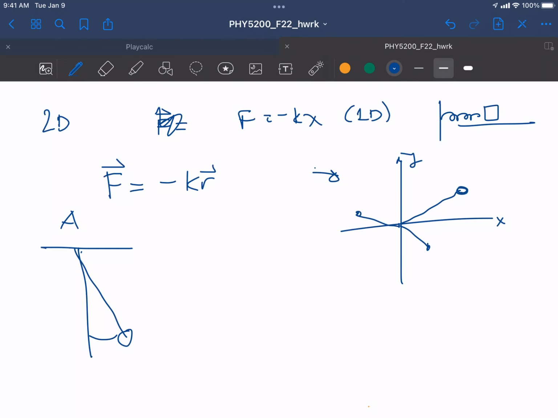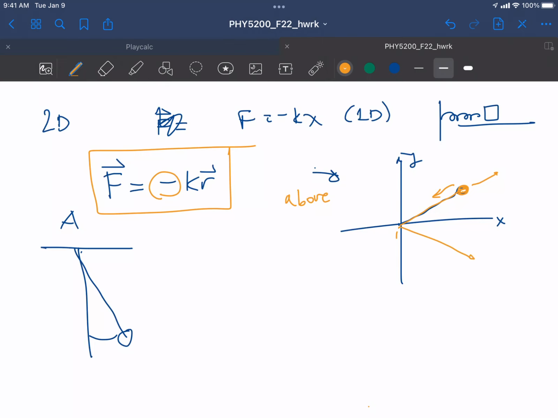Well, what happens if I do that? Let us pull it away in this direction. I'm looking again, this view is from above. Now, if the force looks like this, with this minus sign, that means that the force is going to be pointing back towards the origin. If I've displaced it in this direction, the force is going to be back towards the origin.